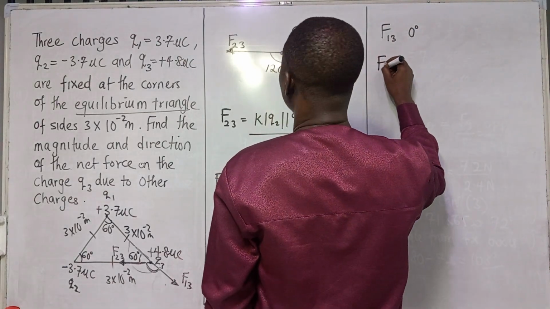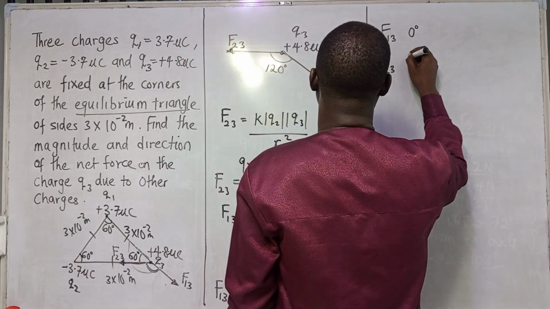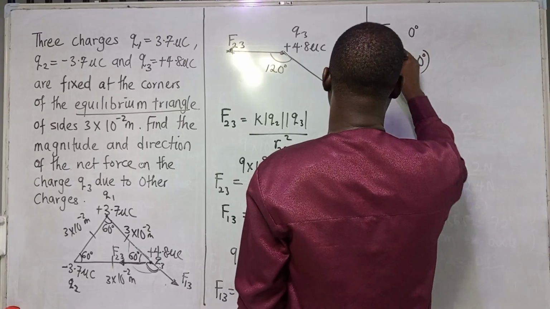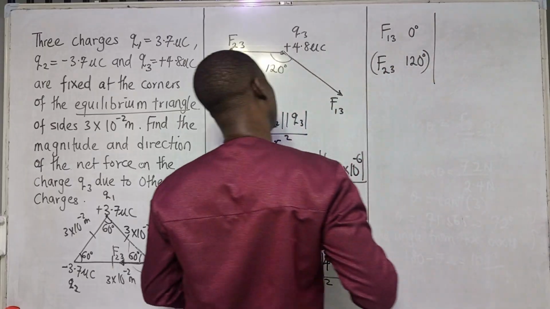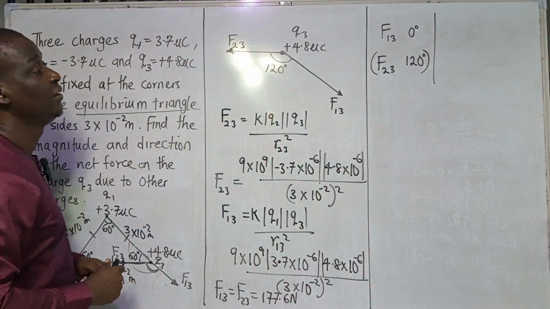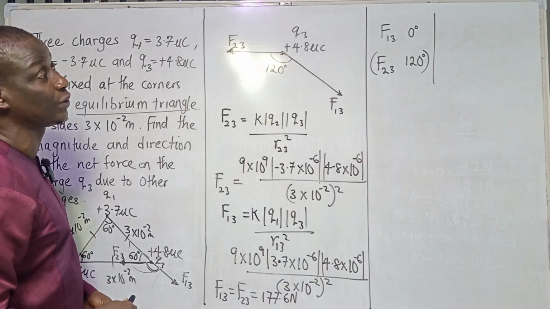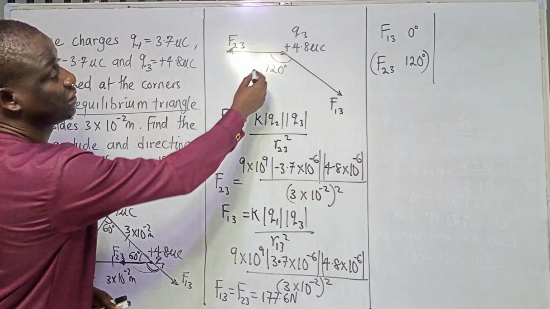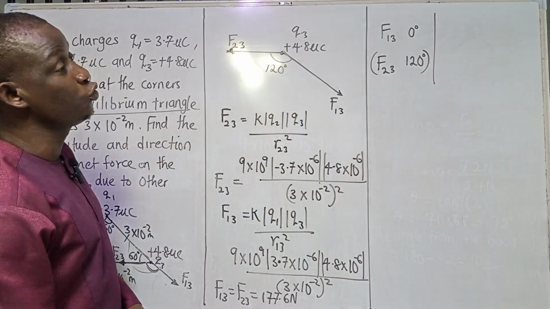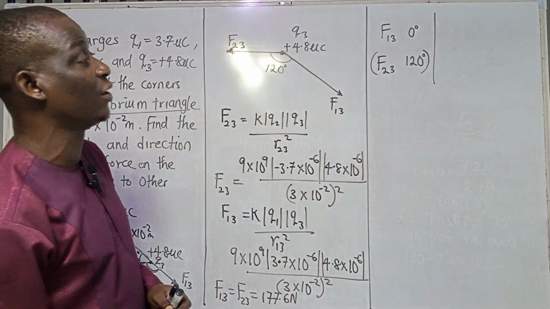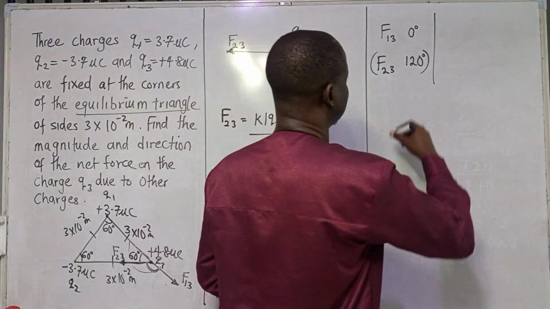Then Q2 on Q3 will be the 120 degree direction, which is the angle between them. Q1 on Q3 will take the starting point, which is 0.